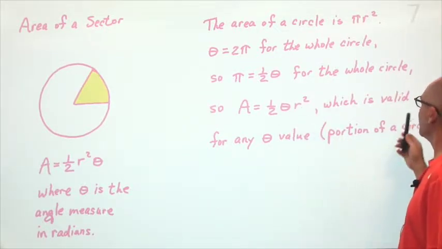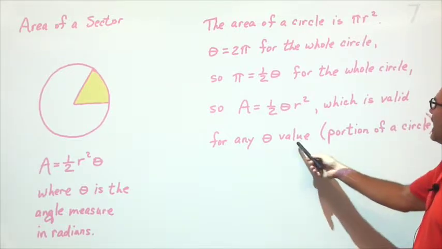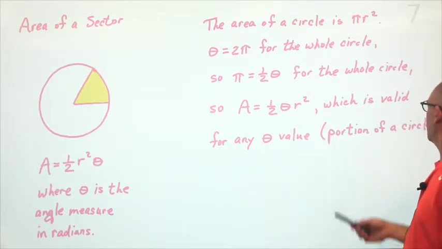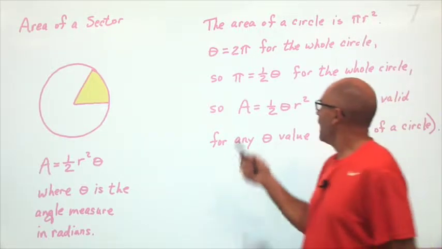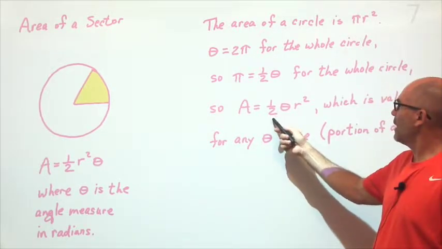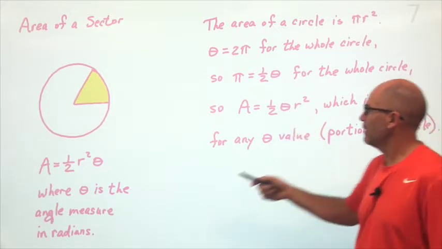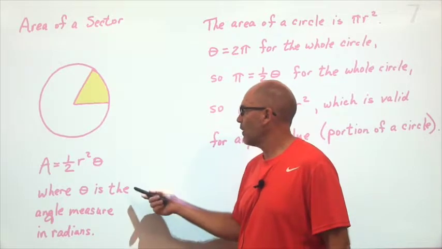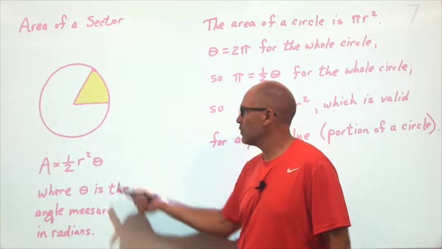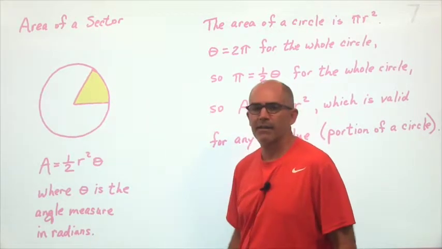Now that's a valid measurement for any theta value or any portion of a circle. So that means area equals 1/2 r squared theta. 1/2 r squared theta is the area of a sector where theta is the angle measure in radians.